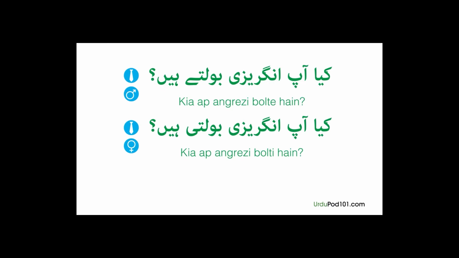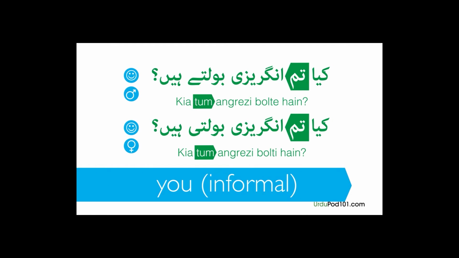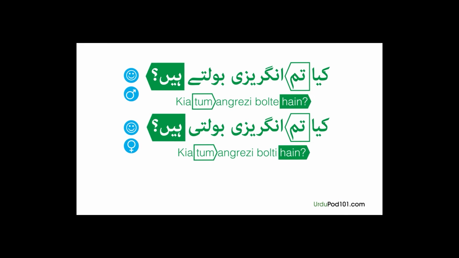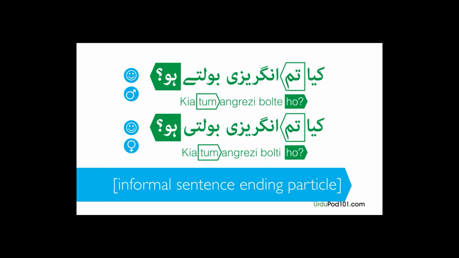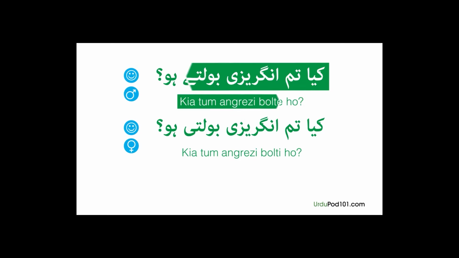Now let's make this sentence informal. First, we need to use the informal version of you, which is tum. If we change the word for you, we will also change the sentence ending particle to ho. Everything else stays the same. When speaking to younger people, it's acceptable to use this informal form, in which case you will say, क्या तुम अंग्रेजी बोलते हो?